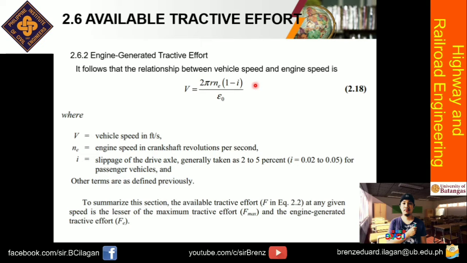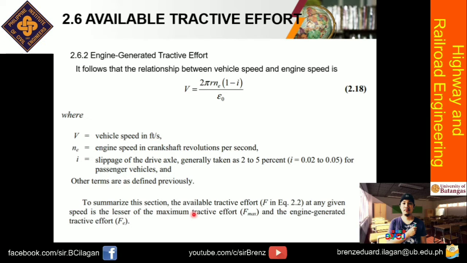Quantity of 1 minus I, so yung I po natin is the slippage of the drive axle, generally taken as 2 to 5%. So yung value ng I natin ranges from 0.02 to 0.05 for passenger vehicle, and over epsilon sub O.